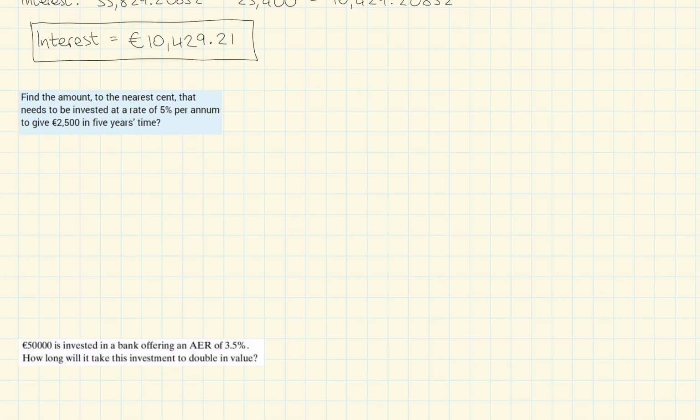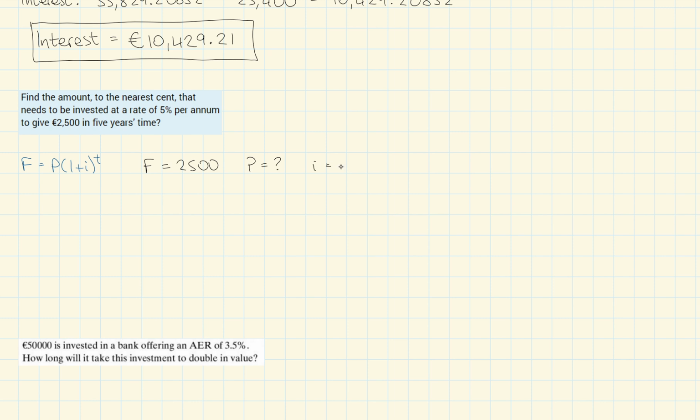This next one here: find the amount, to the nearest cent, that needs to be invested at a rate of 5% per annum to give 2,500 in 5 years' time. So we'll write out our formula. They tell us it'll grow to 2,500. P we don't know.